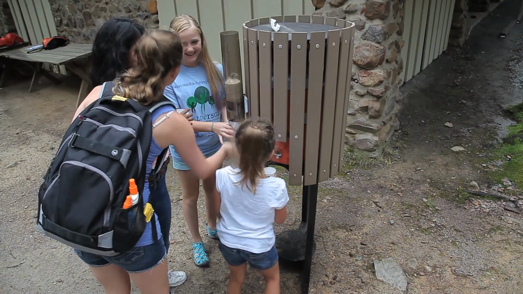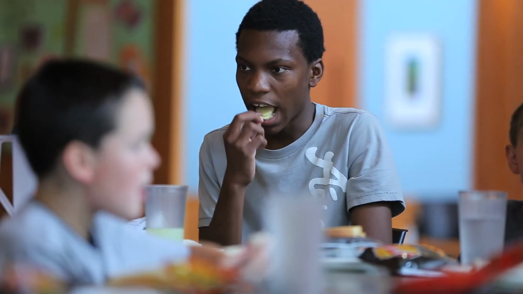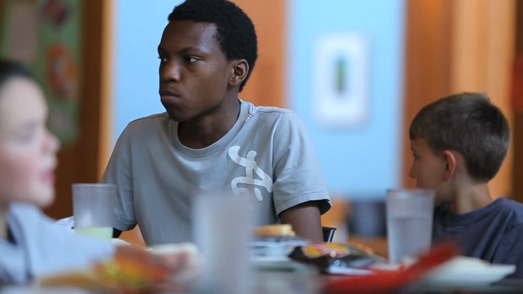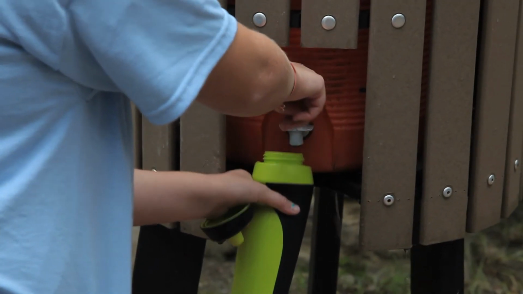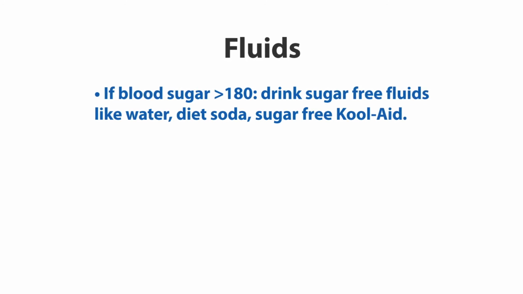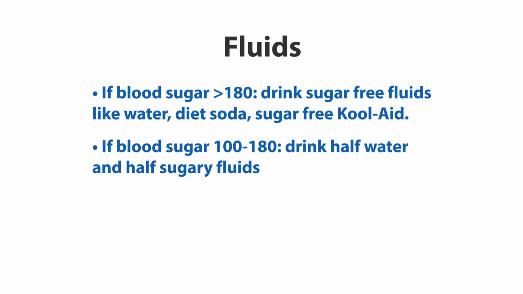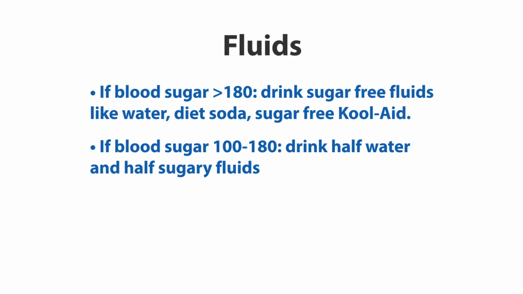Your child should be offered various types of fluids to drink or eat on a sick day, depending on what their blood sugar level is. Remember to try and have them drink their age in ounces every hour. If blood sugar is over 180, drink sugar-free fluids like water, diet soda, or sugar-free Kool-Aid. If blood sugar is between 100 and 180, have your child drink 1/2 water and 1/2 sugary fluids.